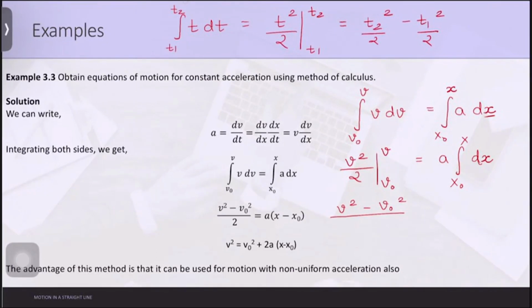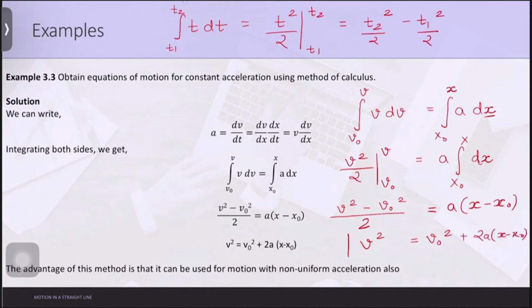We put the v value only for the final point, upon 2, which will give you a into x minus x naught. Now, doing simple mathematical manipulations, you will get v square equals v naught square plus 2 into a into x minus x naught.